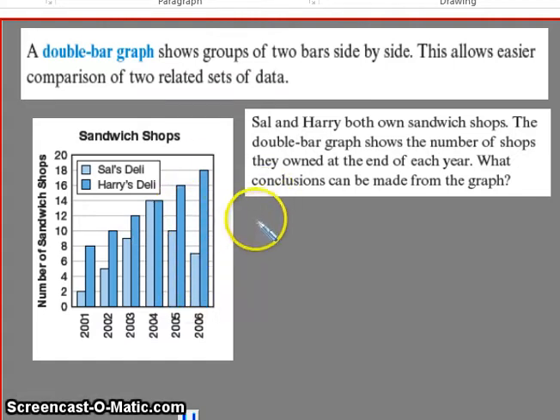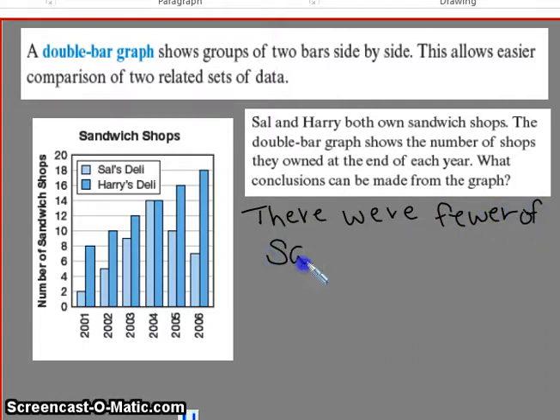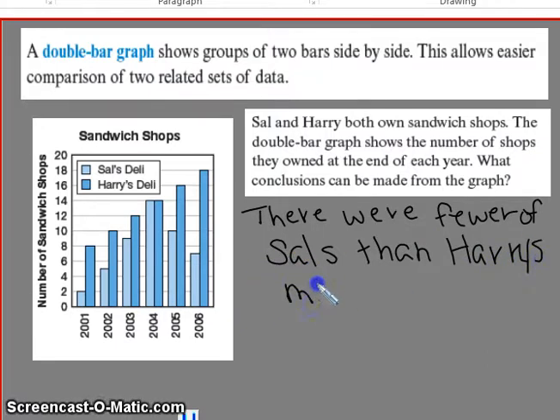So a valid conclusion would be that there were fewer of Sal's delis than there were of Harry's delis most years. Of course, that 1 year they were equal. In 2004, they were equal.